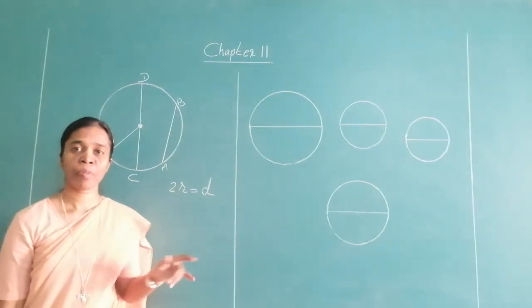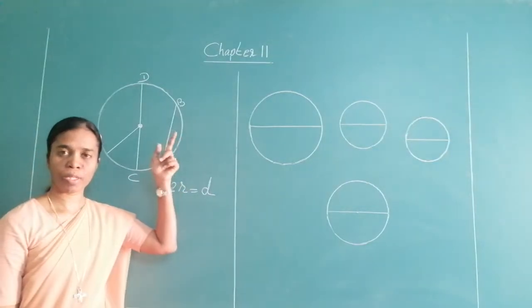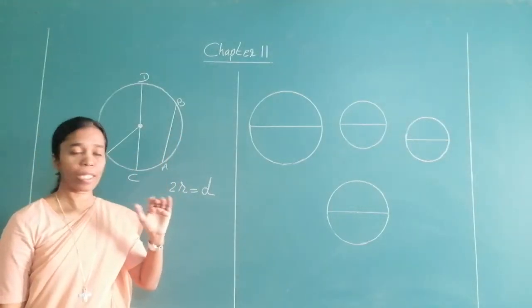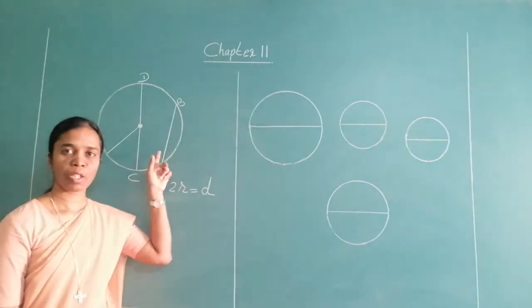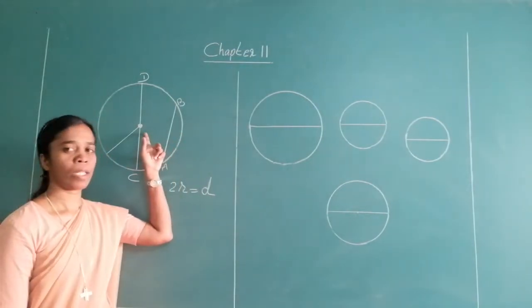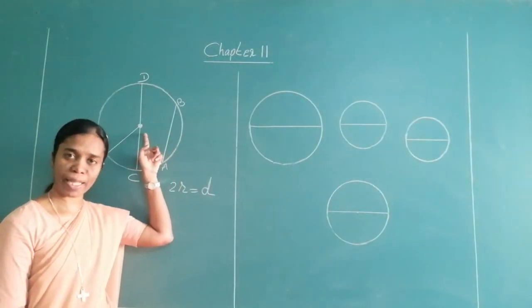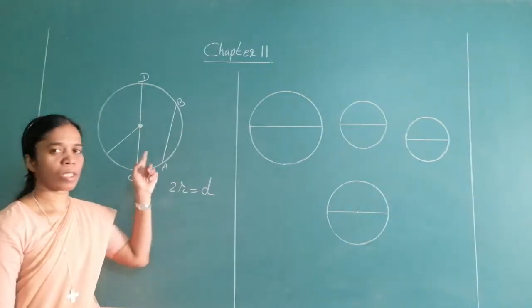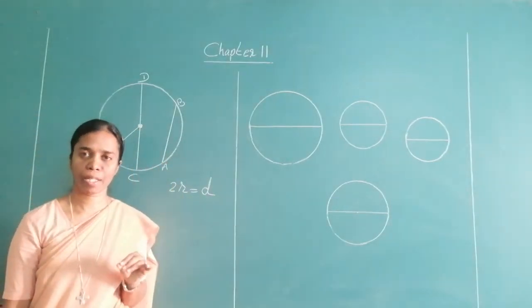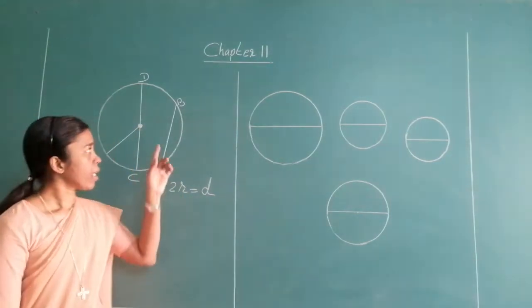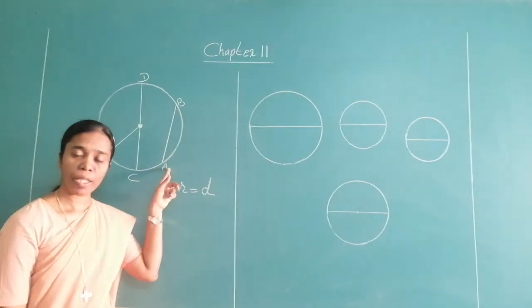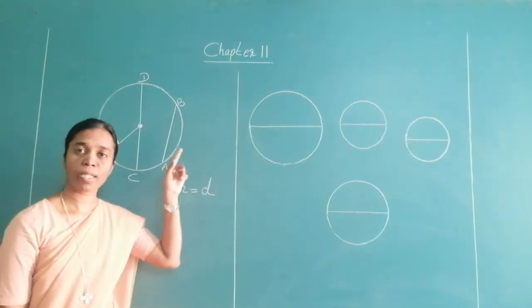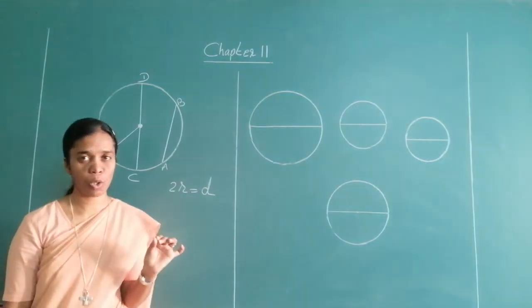So I just repeat. What is a circle? A circle is a set of points which are at equal distance from a fixed point. And that fixed point we call the center. And the equal distance we call the radius. The segment joining any 2 points on the circle is called a chord.